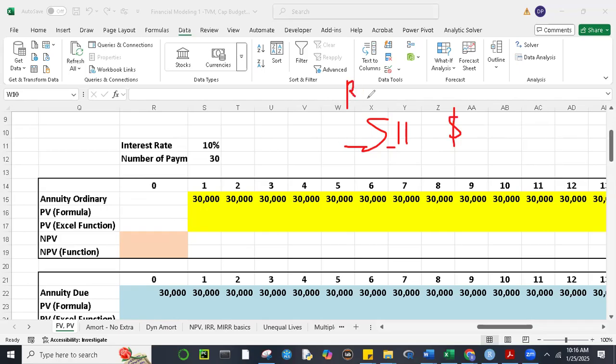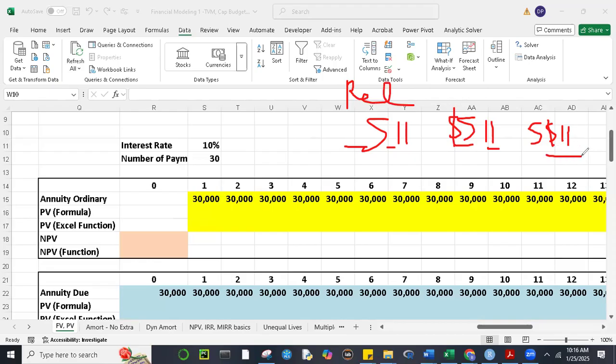When we say relative, class, it means that it can change. On the other hand, if I make it $S11, in this case S becomes absolute and 11 is still relative. Or if I make it S$11, whichever position has the dollar sign affixed to it becomes absolute.